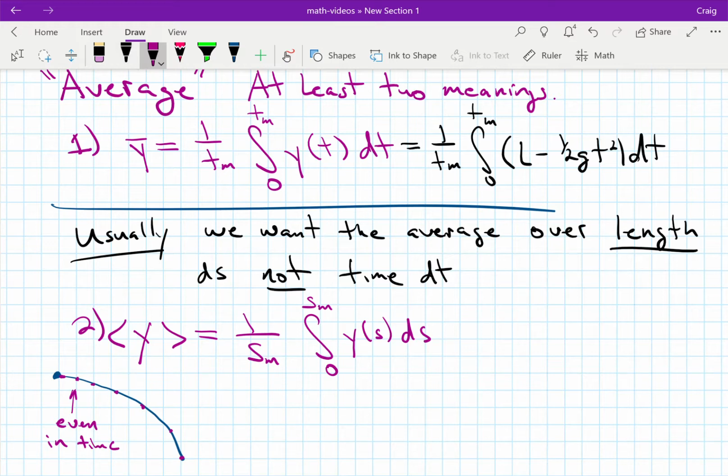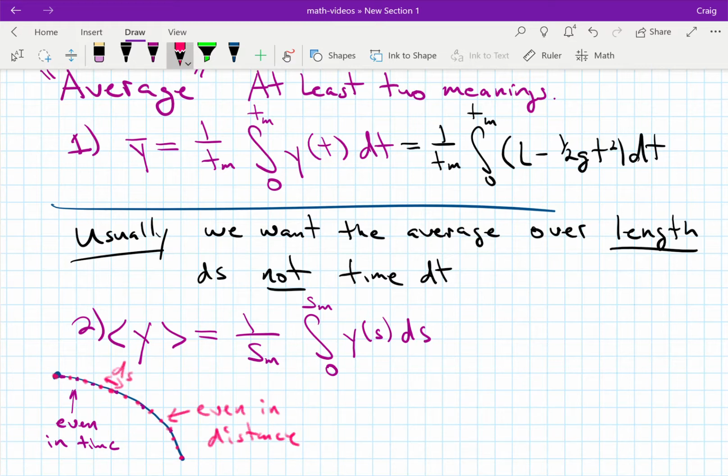As opposed to what would happen if I was evenly spaced in distance. Dot, dot, dot, dot, dot, dot. So even though the ball's going faster, my points aren't any further spread out. So this is even in distance. Okay, and so the distance between these 2 points, let's call that ds.